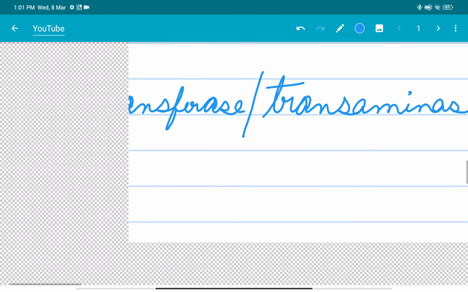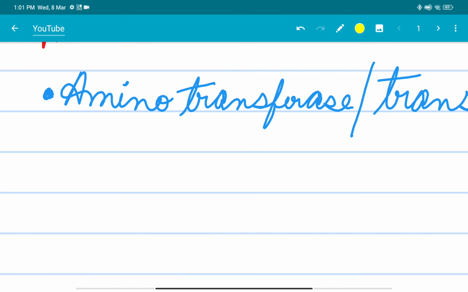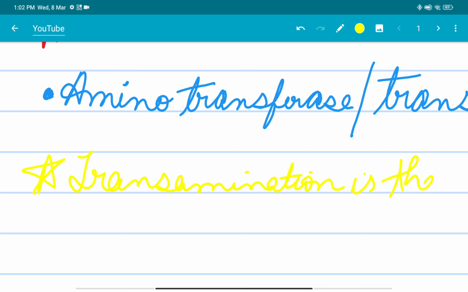Transamination is the initiating process in protein metabolism, meaning it is the first step in protein metabolism.